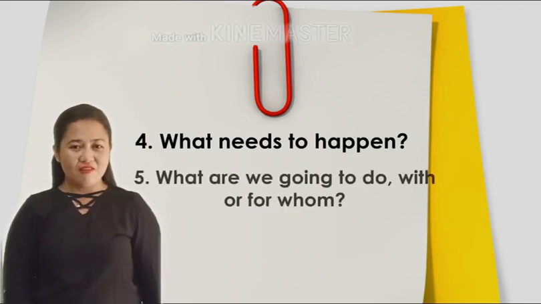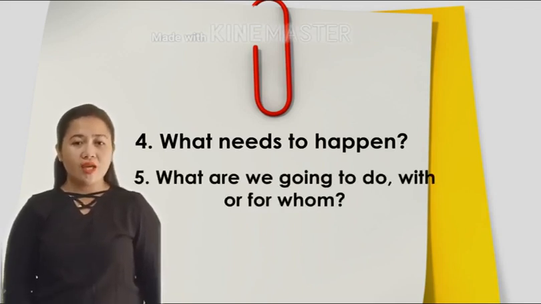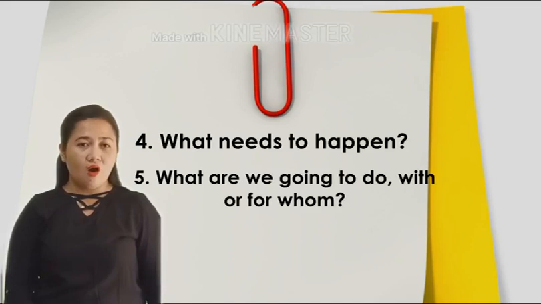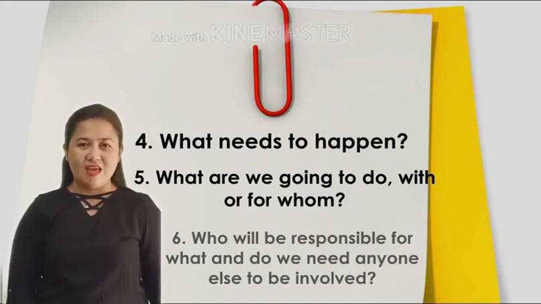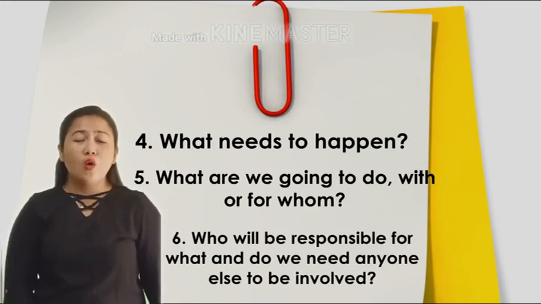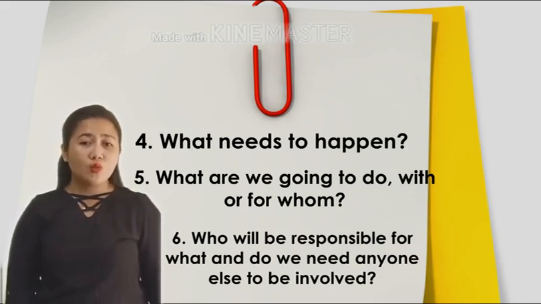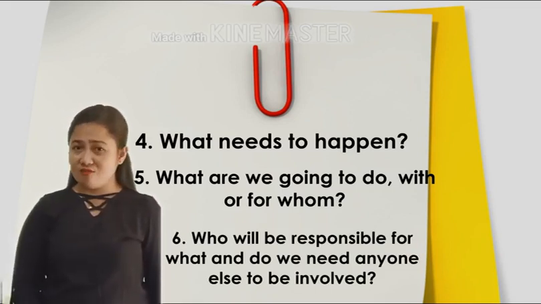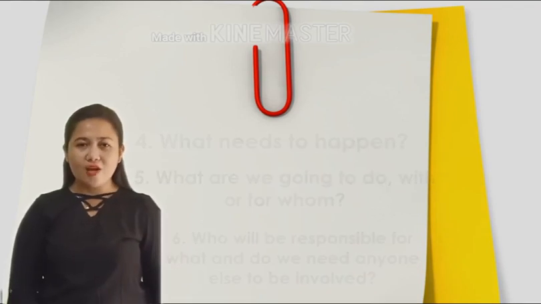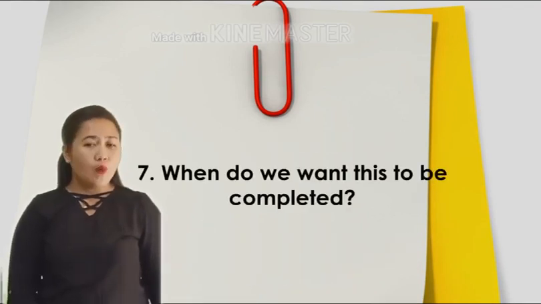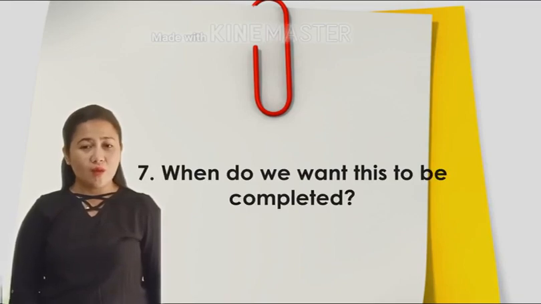Number 5. What are we going to do with or for whom? Number 6. Who will be responsible for what, and do we need anyone else to be involved? Number 7. When do we want this to be completed?